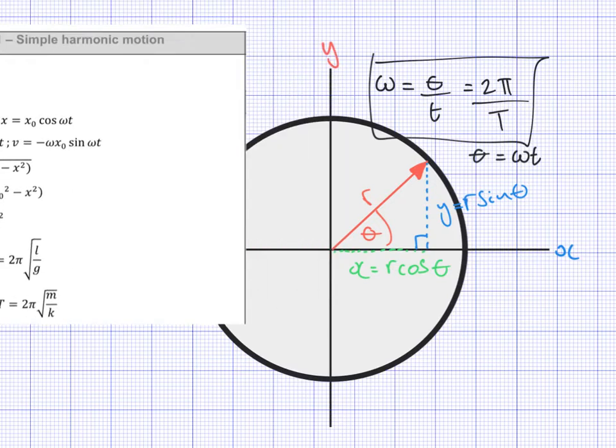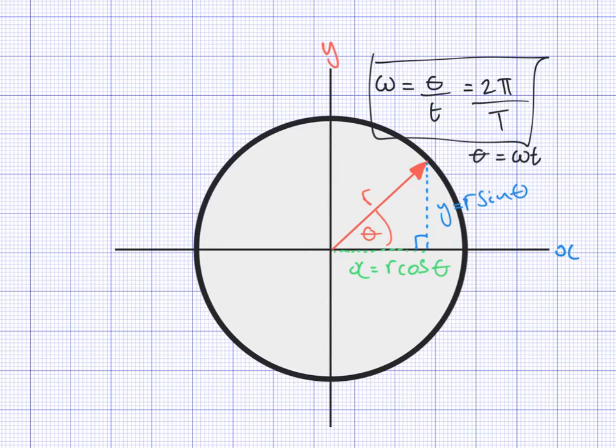But check this out. I've just said that theta is equal to omega t, the time. Now, if I make another expression for my x down here, if I imagine that my radius is right at this point here, that would be my maximum x value, correct?